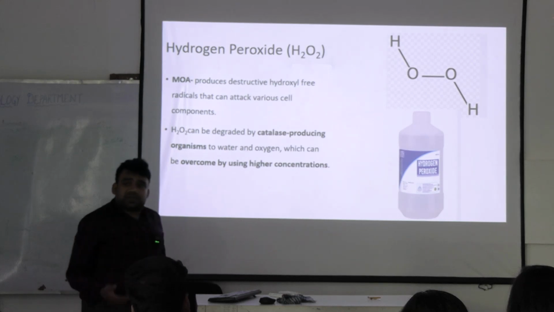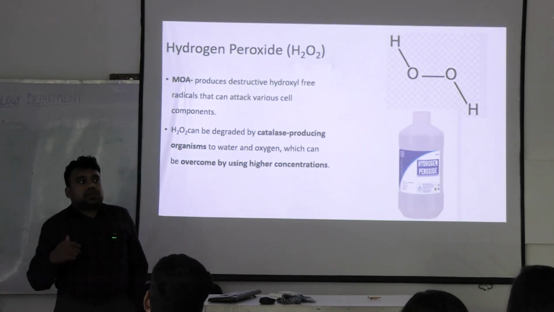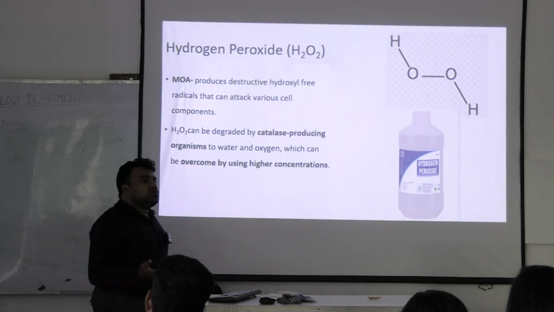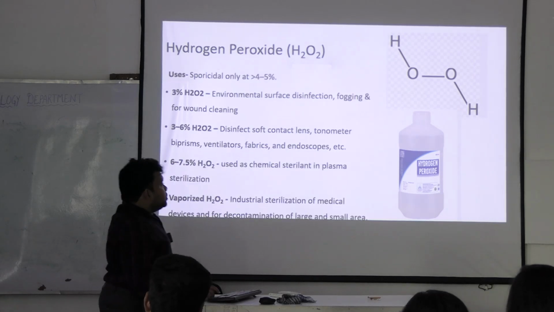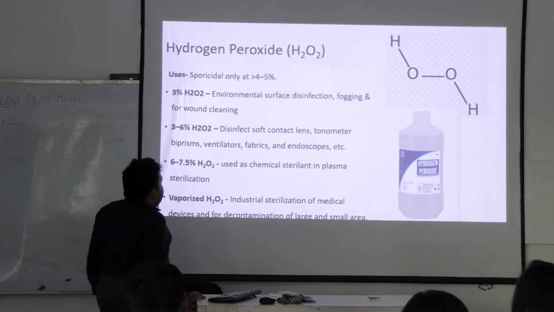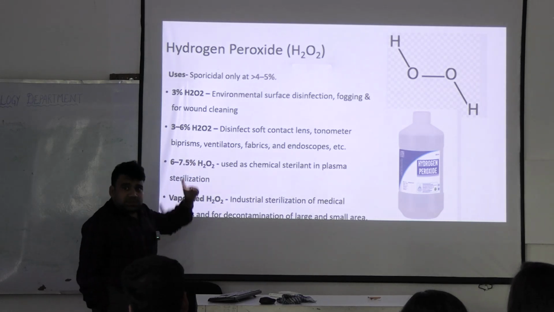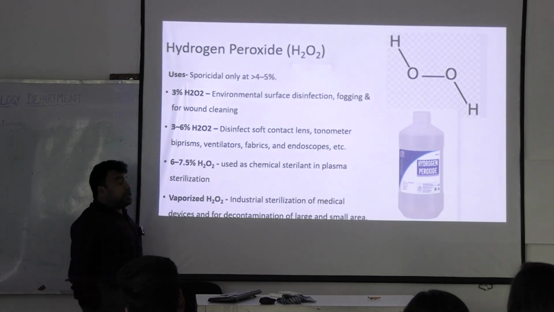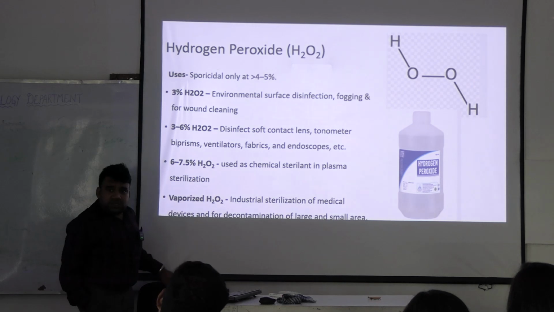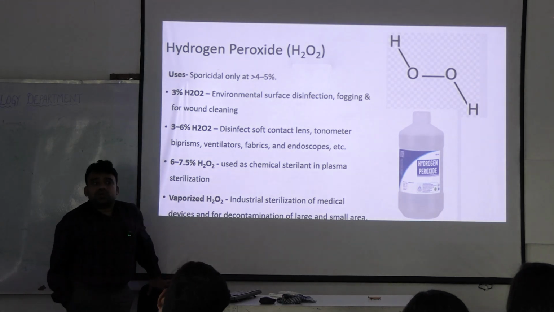How does hydrogen peroxide act? Nascent oxygen, that is the free radical, which causes the damage. Now it is sporicidal only at 4 to 5%. Remember this. The concentration is important. Normally for wound disinfection or surface fogging, we use 3%.